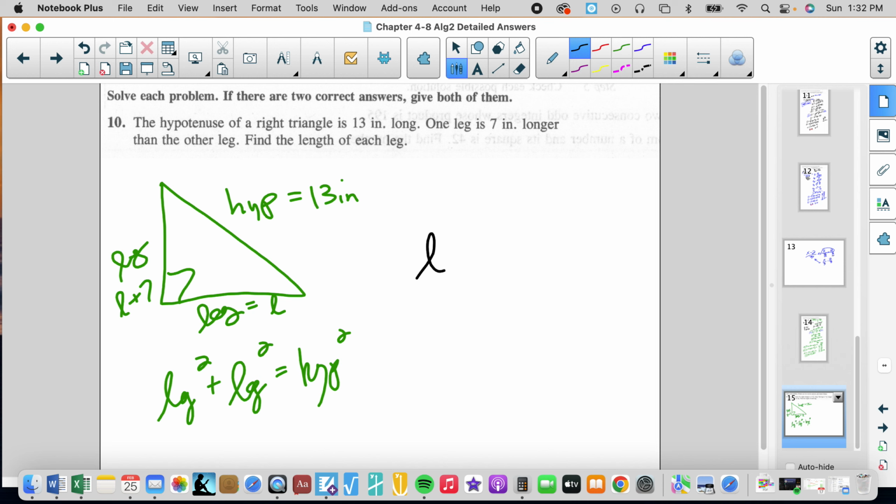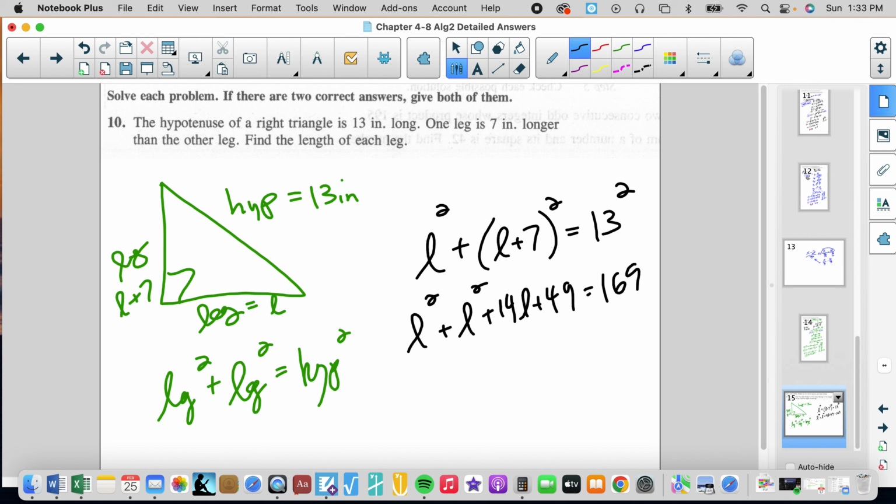So the leg squared plus the other leg, which is 7 inches longer, squared, should equal 13, or the hypotenuse squared. We should know how to square binomials. That's L squared plus 14L plus 49 equals 169.